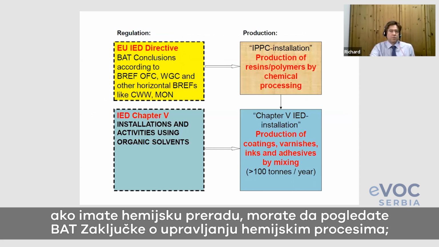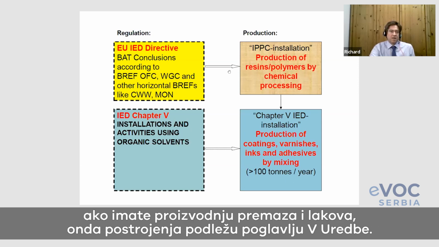If you do chemical processing, then you have to look at the BAT conclusions for the manufacturing of these chemical production processes. If you have the production of coatings and varnishes, then the installations will fall under chapter 5.